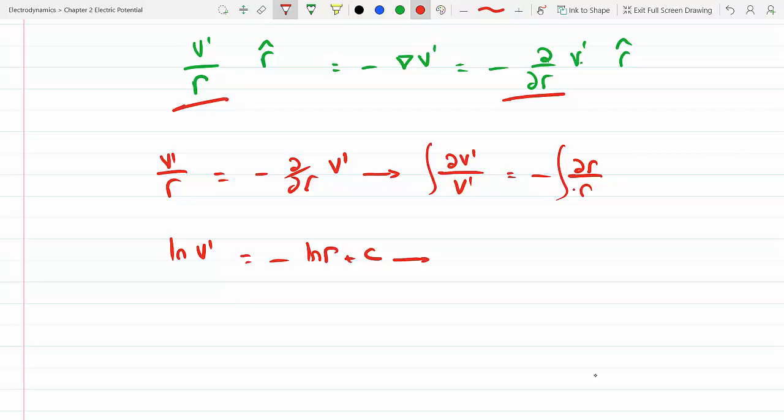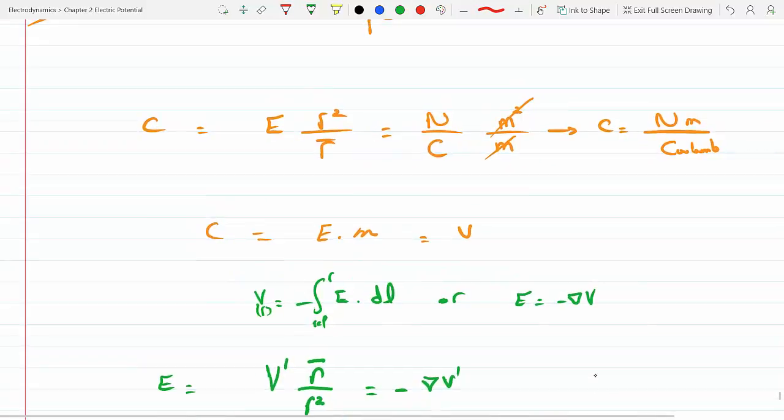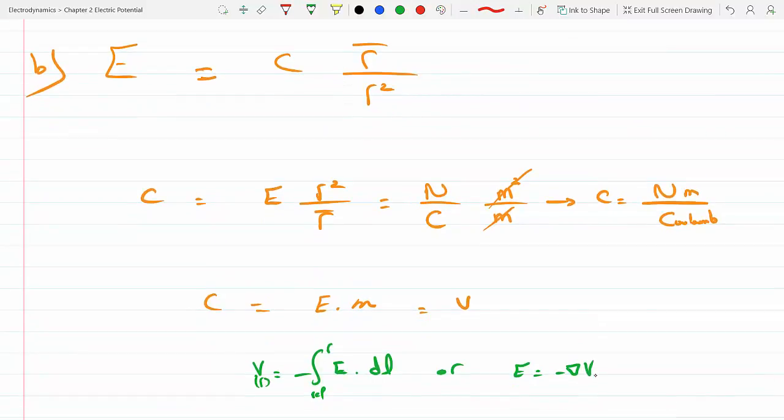So we get V prime, if you solve this exponentially, will be c e to the minus r. So we would have to have a potential that behaves as such, exponentially decaying, to get an electric field in that manner.